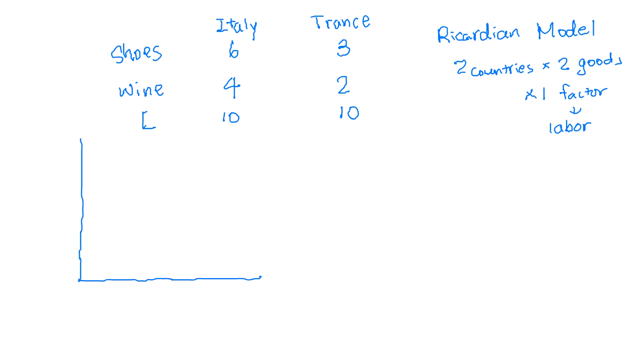Okay? So this is my production possibility frontier graph. Right? So the layout is like this.